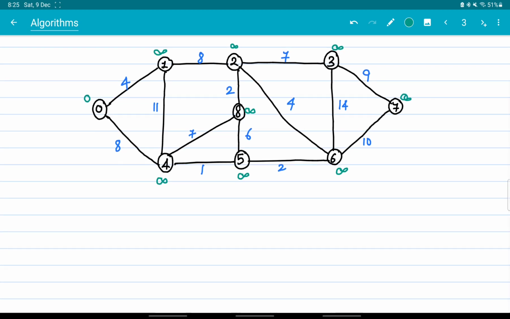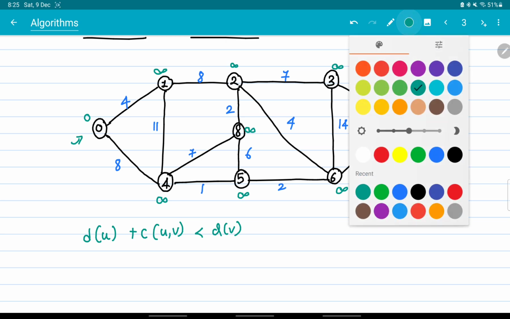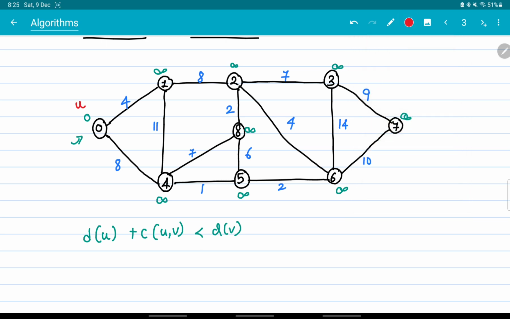Now you have a formula kind of thing, that is the distance of u plus the cost of going from u to v should be less than the distance of v. Don't get tense on seeing this formula, it is very simple. When I'm taking this source vertex, I'm considering it as u. I'll take one node which is directly attached to this vertex. For example, in the case of 0, the nodes directly attached are 1 and 4.